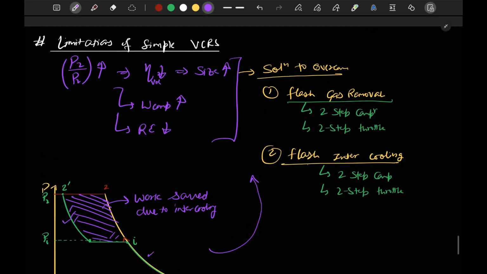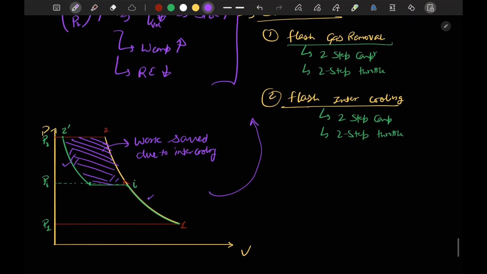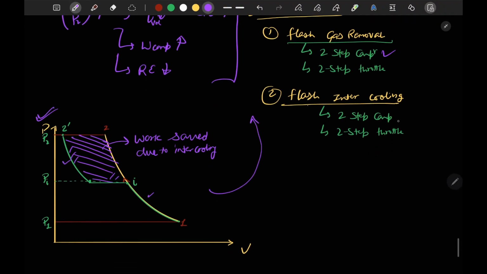To overcome this, we use multi-staging. In multi-staging we will use two compressors, and we will do our throttling in 2 steps also. But flash gas removal and flash intercooling are 2 different topics, and we will see one by one what these topics indicate.